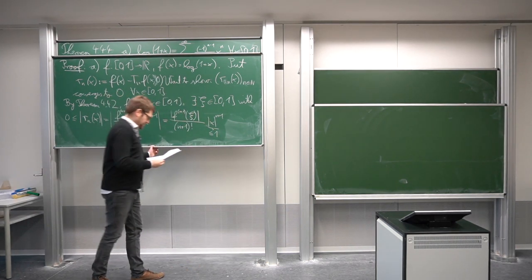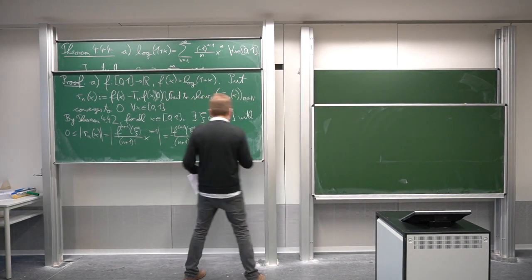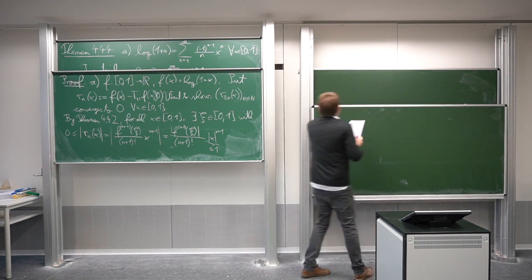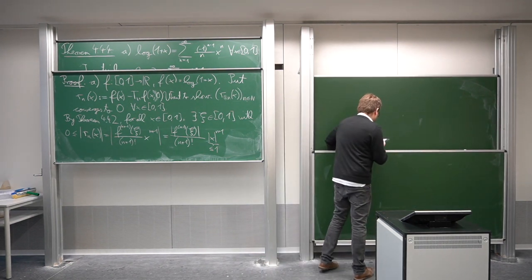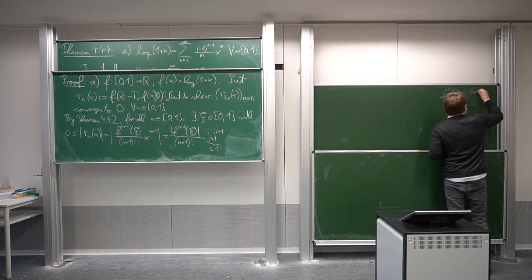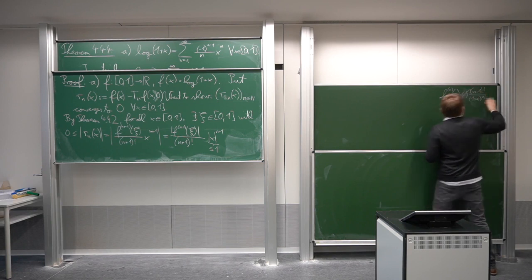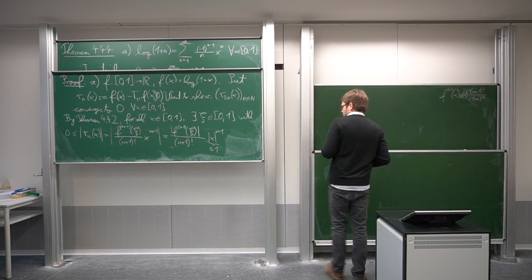Recall we have seen above, sorry, let me just put this in here, that fn of x is n minus 1 factorial divided by 1 plus x to the n. And now, oh sorry, I forgot the minus 1 to the n minus 1. But this minus 1 doesn't matter in this case.